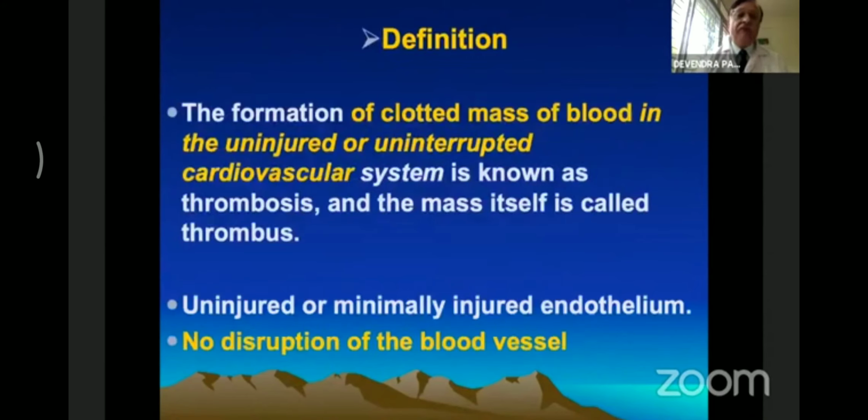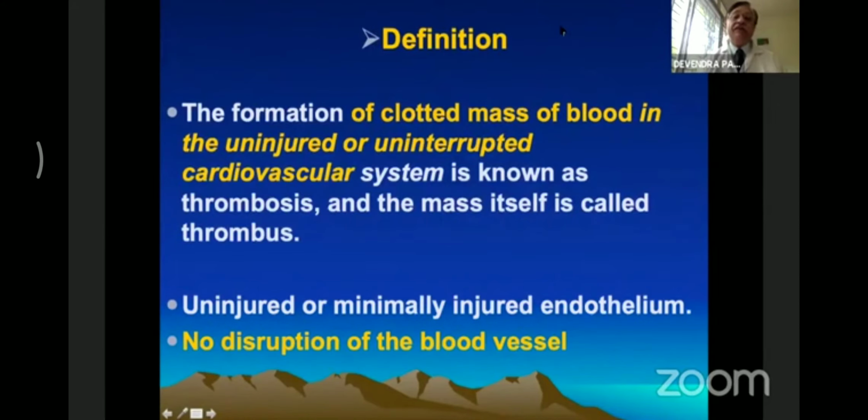So what we have is the definition of thrombus. We have seen preliminarily what the factors involved are. Basically, formation of a clotted mass of blood in an uninjured or uninterrupted cardiovascular system is known as thrombosis, and the mass itself is known as a thrombus. Please understand that if injury occurs, the clot is going to be there as it is. There is nothing great about it. That is not a thrombus.